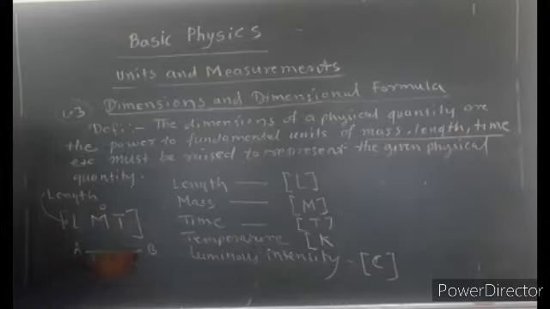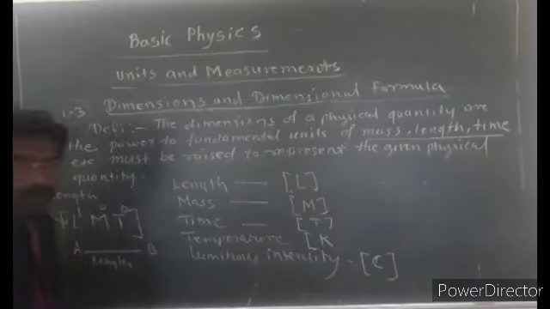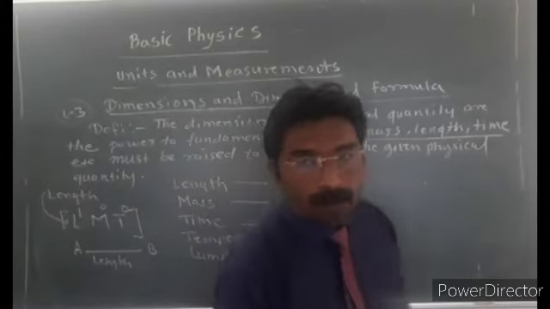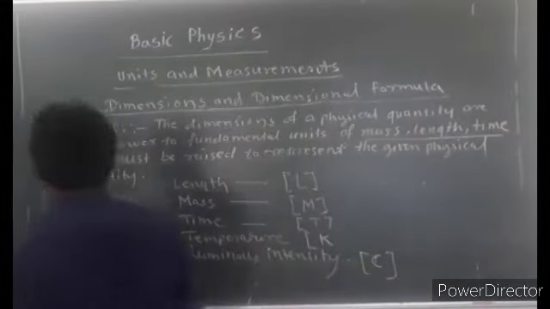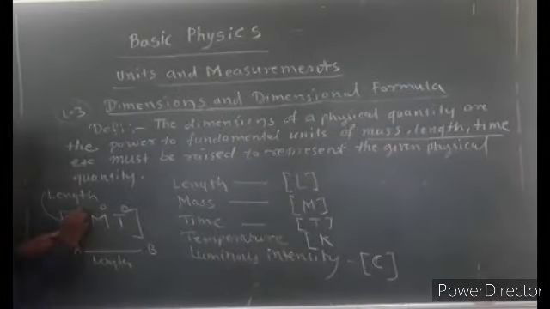So L1 is necessary, mass M0 because mass is not necessary, T0 because time is also not necessary. So the dimension of length is L1, M0, T0.